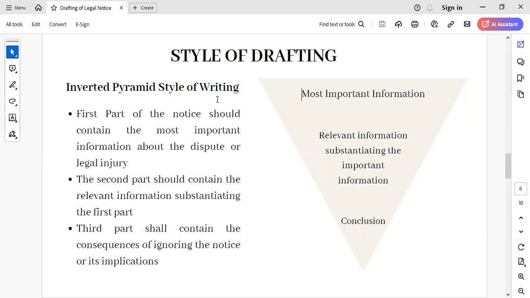So are you able to see the slides? Yes, sir. Please read the first part. Most important information. The very first part should contain the most important information about the dispute or legal injury. ठीक है? Second क्या है? What is the second one? What is second part should contain?